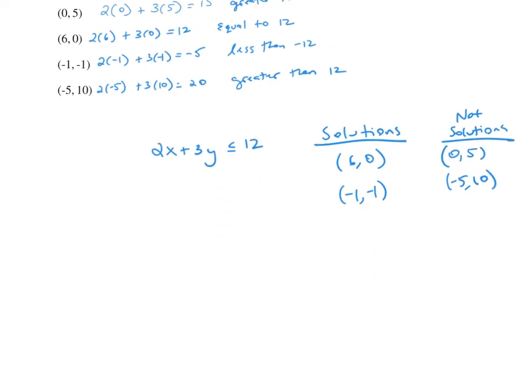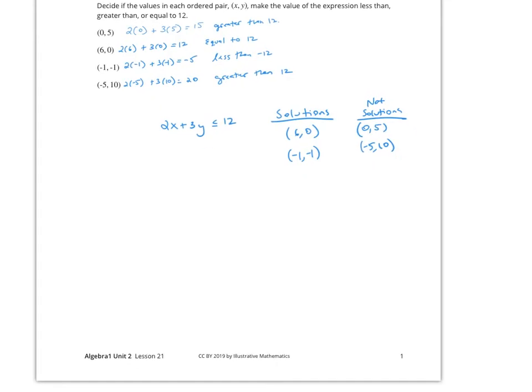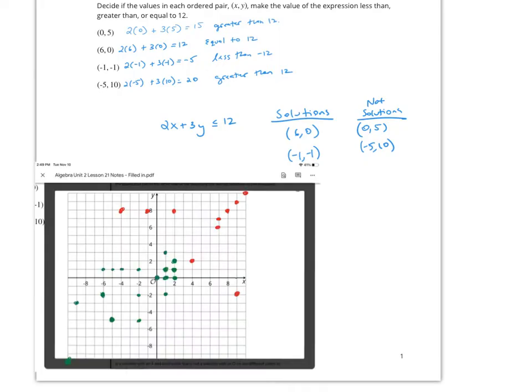Now, what I want to do is take a look at a graph that includes some points that are solutions and some points that are not solutions. So if you look at this graph here, notice that the points in the green are all solutions to this inequality, so they all make this inequality a true statement, whereas the points in the red are not solutions to the inequality. So when we plug them in, they make it a false statement.